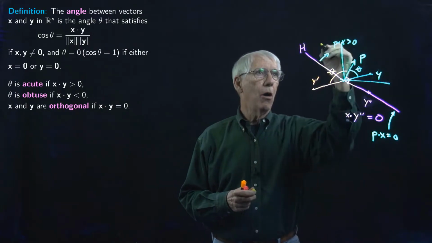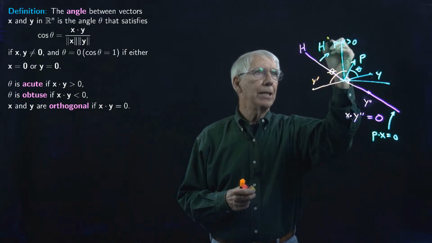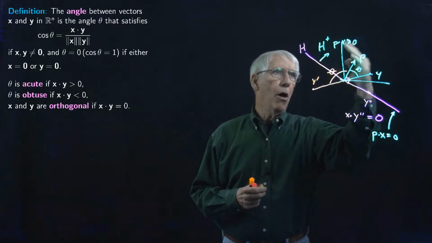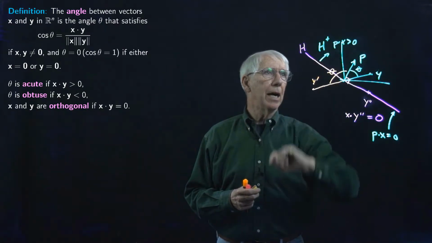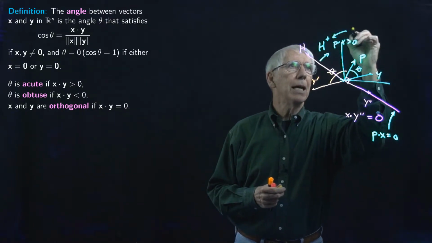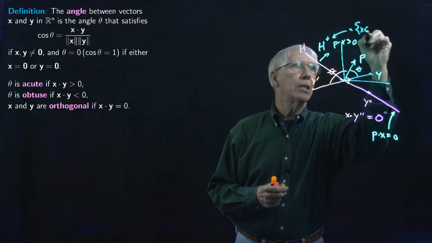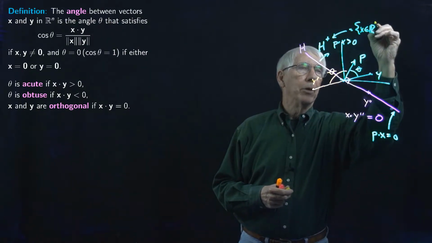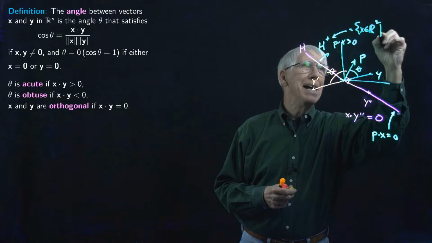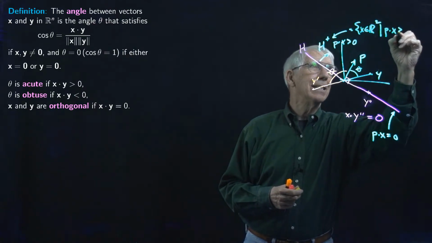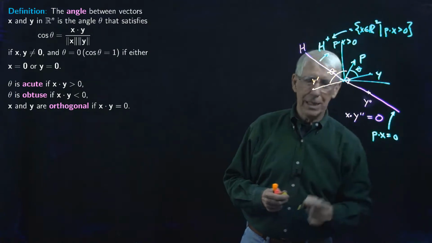And I'm going to call this h super p. That's the set of all the vectors such that p dot x is positive. In fact, I'll even write it down here. Let's say h plus is the set of all x in R2, but I'm going to make it Rn in a minute, such that p dot x is strictly positive.